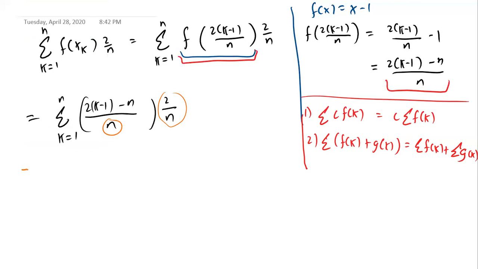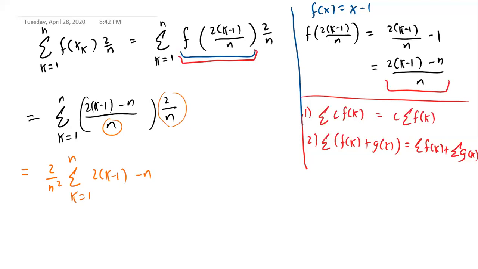So what do we get here? I'm moving out 2 over n, and I'm moving out 1 over n. Right? Those are factors multiplying n that are constants. So I'm going to get 2 over n squared when I factor both of those out. And I get the sum k equals 1 to n of whatever's left over, 2 times k minus 1 minus n.